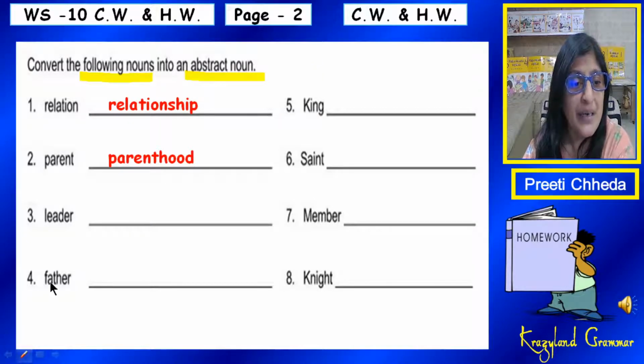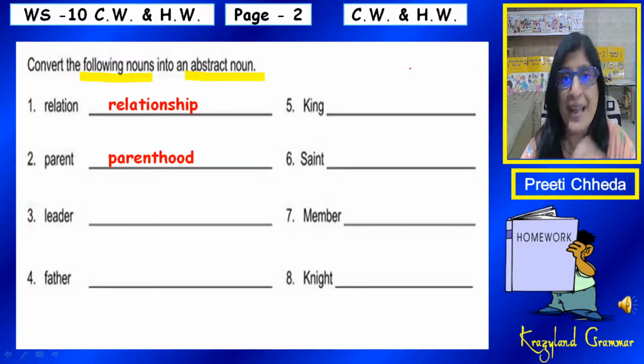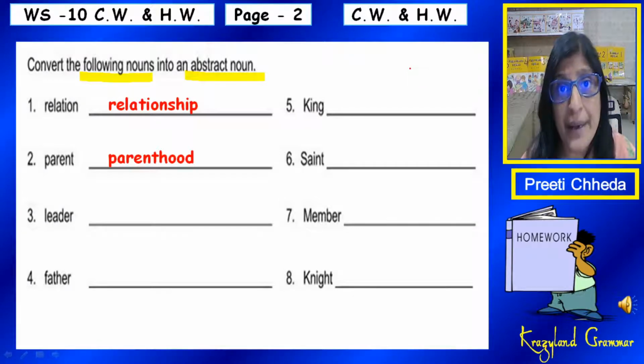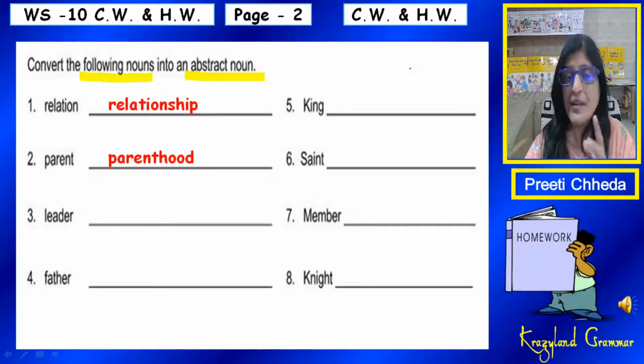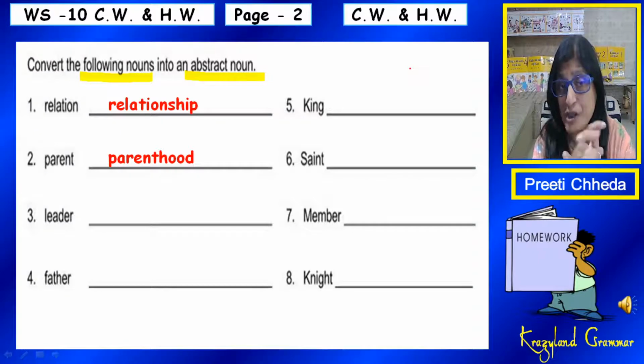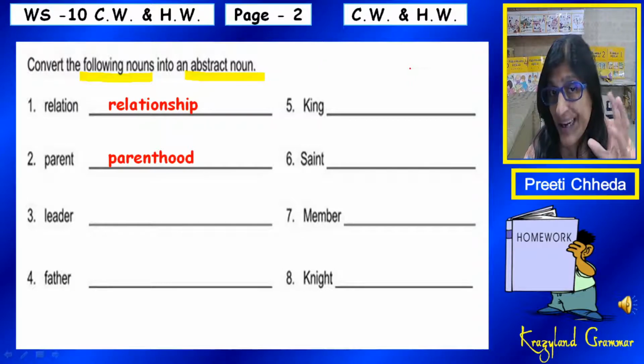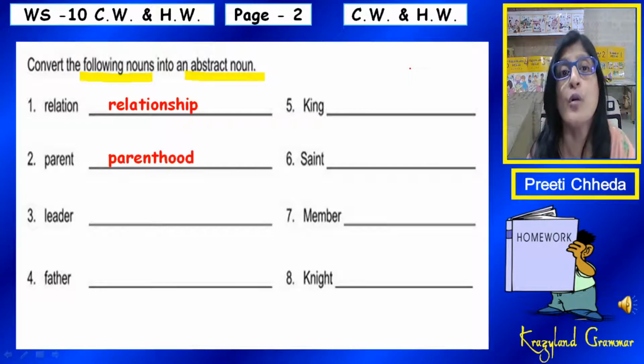Let me tell you: adult is adulthood, child is childhood, parent is parenthood, but oldhood is not used, it is old age. Clear? Yes, so some are exceptions to it. You can add dom, or you can say king, kingdom, or kingship, or kinghood. But for old you can't use oldhood.